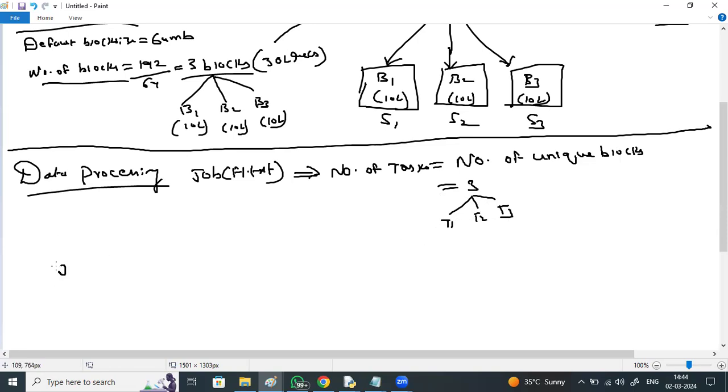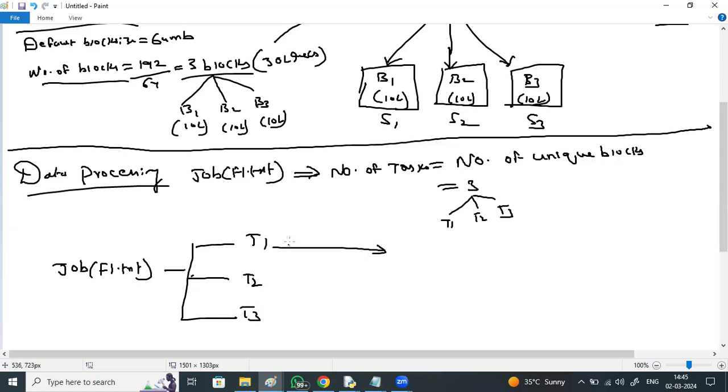So the job to process f1.txt is divided into T1 task, T2 task, and T3 task. T1 is for executing B1. T2 task for executing B2.